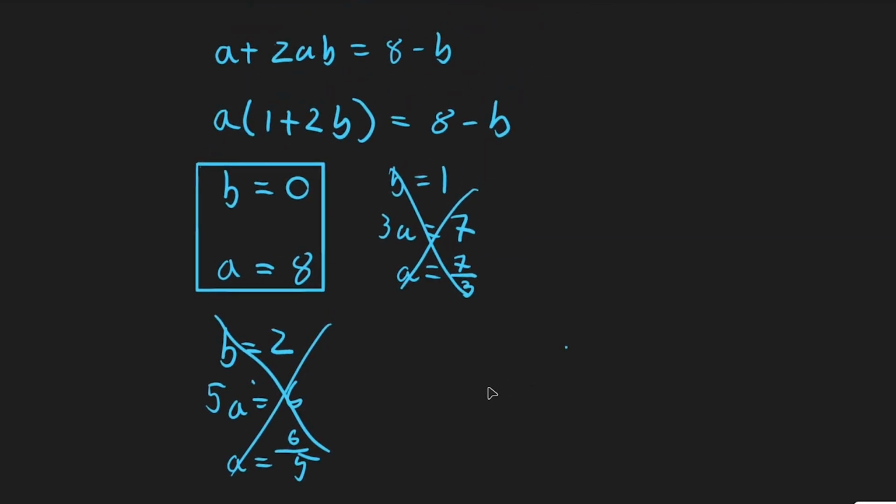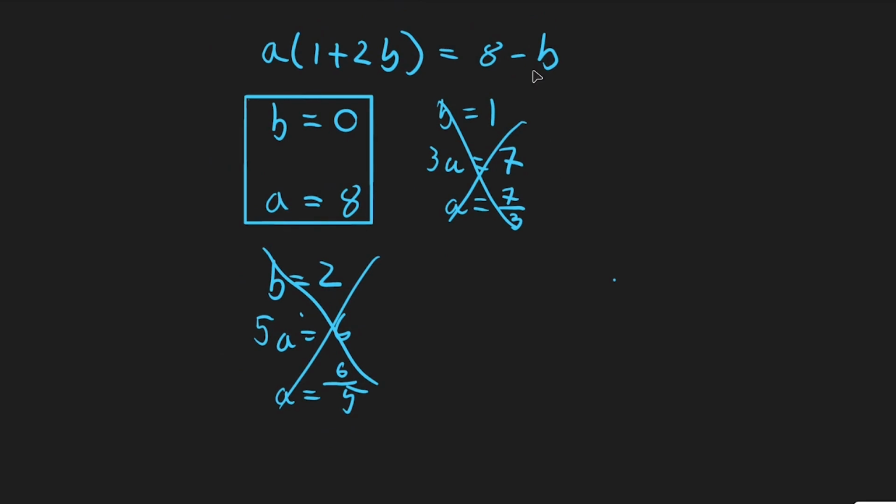Now, as we see, the right side is getting lower and lower and is decreasing. And when we say b equals 3, we will see that this gives 7, this gives 1, so 7a equals 1, and that's a equals 1 over 7.